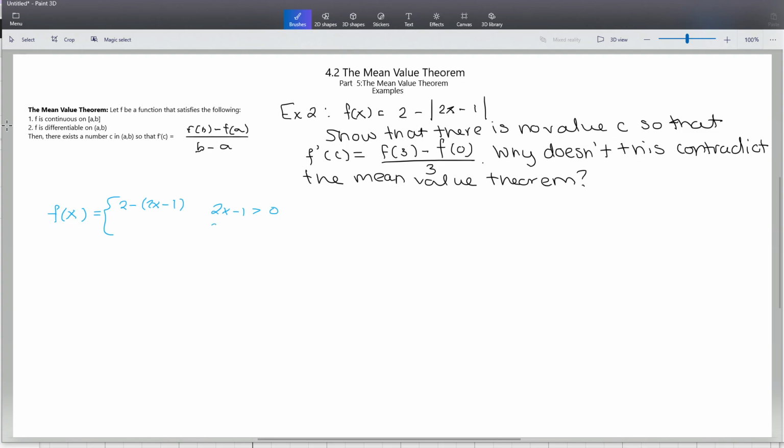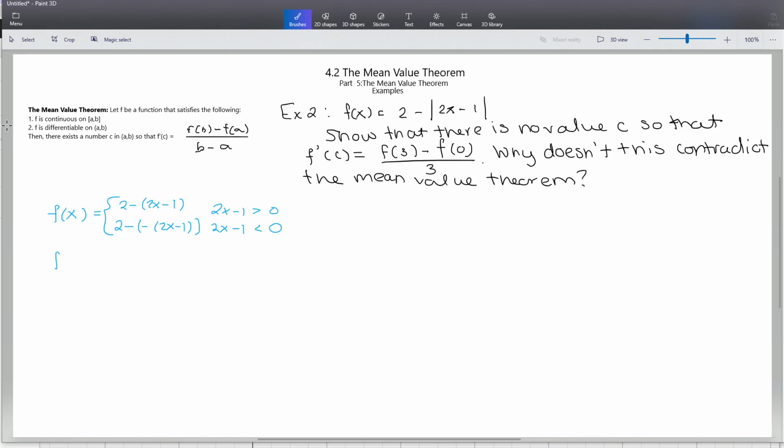Now, if 2x minus 1 is negative, then the absolute value changes the sign. So this would be 2 minus negative 2x minus 1. If 2x minus 1 is already negative, then this negative sign is going to change it to a positive.